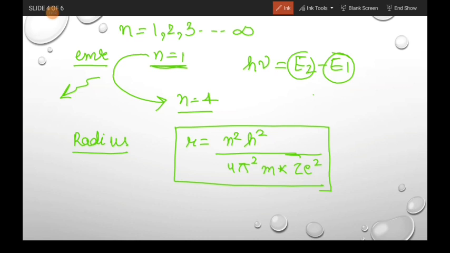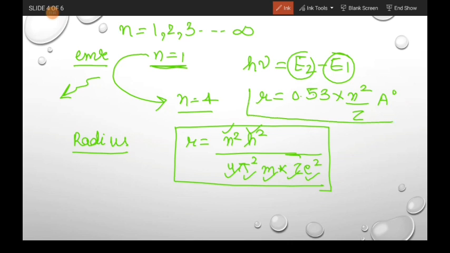Here h is Planck's constant, 4 pi are constants, m is the mass of electron, z is the atomic number, e is the charge of electron. When we put the values of all the constants, we get r equal to 0.53 multiplied by n square upon z angstrom. This is the value which you have to learn.